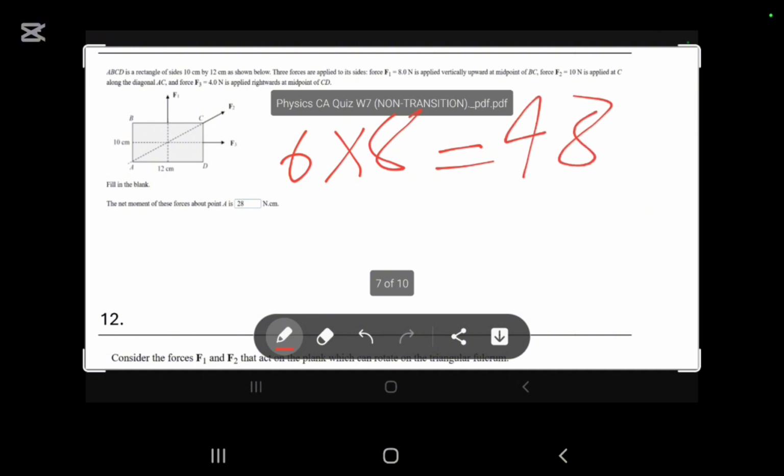For F2, we notice that the line of action is attached to A, meaning that F2 won't make the rectangle turn.